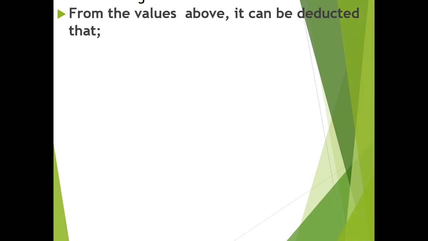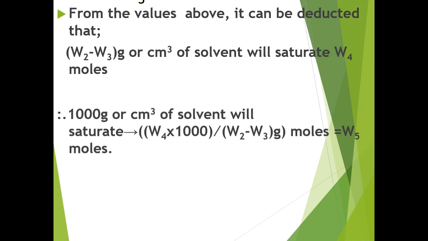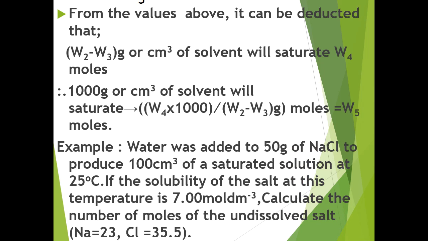Now from the values above, it can be deduced that W2 minus W3 in gram or cm³ of solvent will saturate W4 in moles. Therefore, 1000 gram or cm³ of solvent will saturate W4 times 1000 divided by W2 minus W3, and you are going to have a value, which we let be W5 in moles.